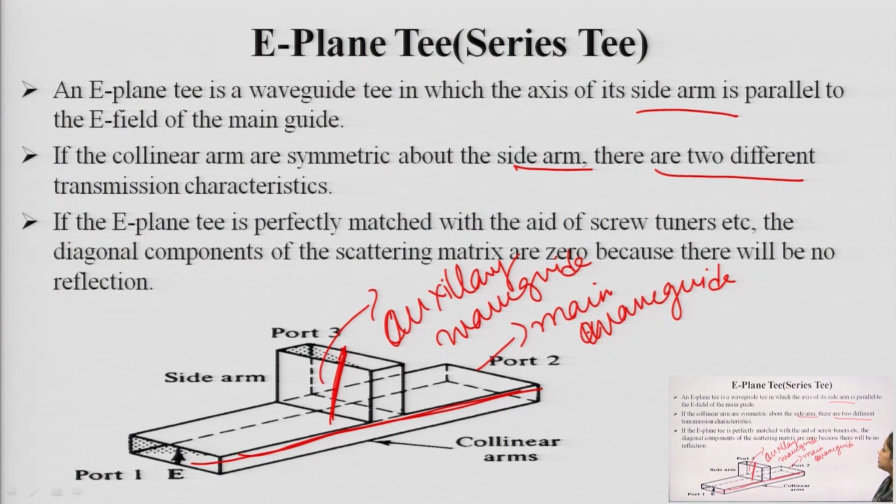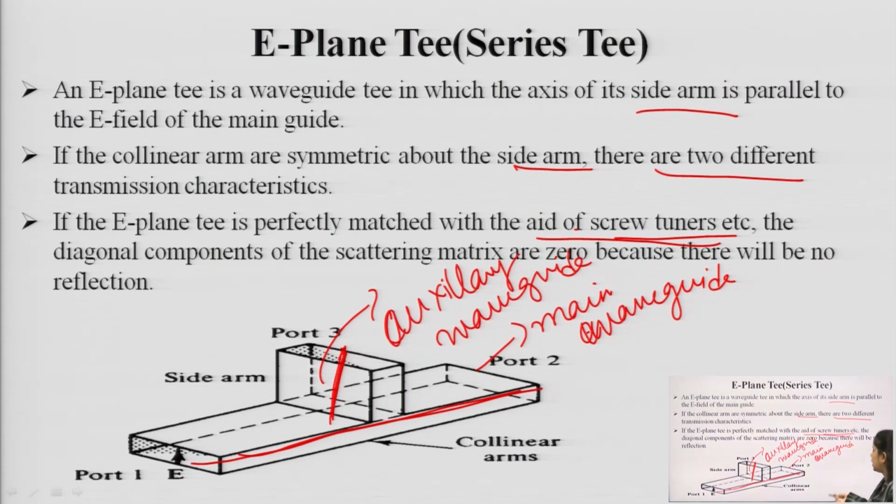And if the E plane T is perfectly matched with the aid of a screw tuner etc., these being the methods by which we can match any T, the diagonal components of the scattering matrix are 0 because there will be no reflection.